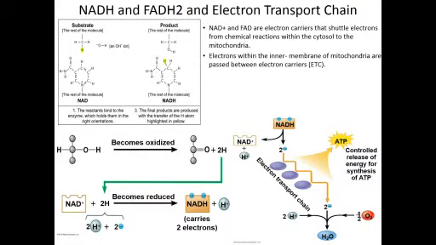Alright, so coming back to this idea of electron carriers. Recall that NAD+ and FAD are electron carriers. Their whole job is they function as little bitty taxi cabs that shuttle electrons from one place in the cell to another.